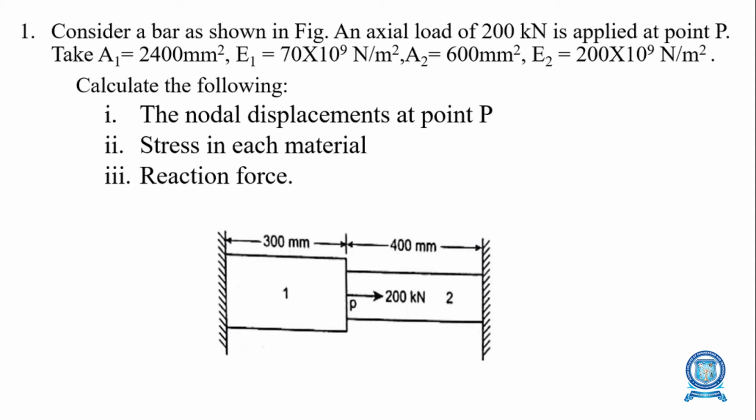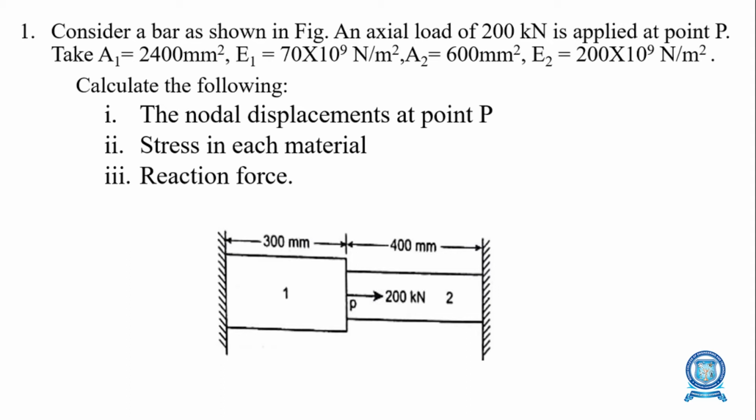Then A2 is equal to 600 mm square and E2 is equal to 200 into 10 to the power 9 Newton per meter square. Calculate the following: the nodal displacements at point P, stress in each material, and reaction force.